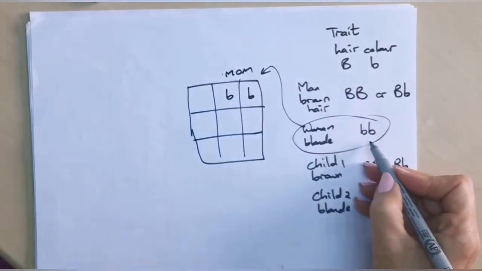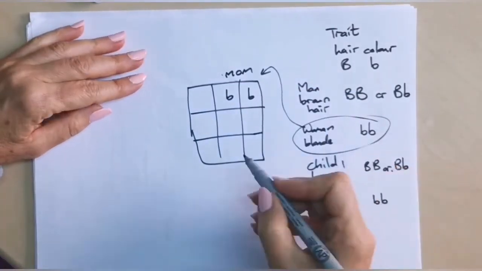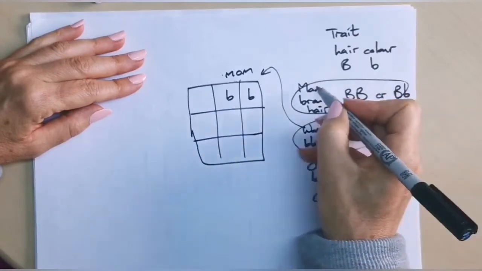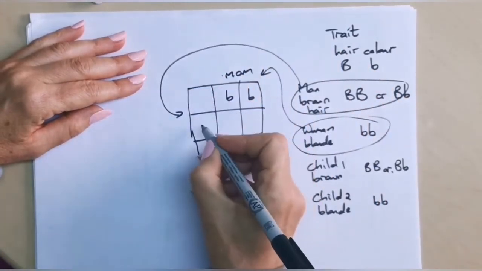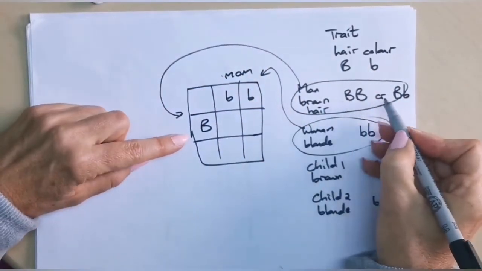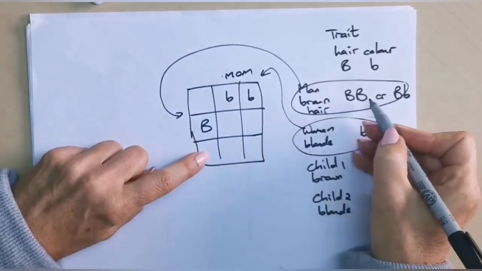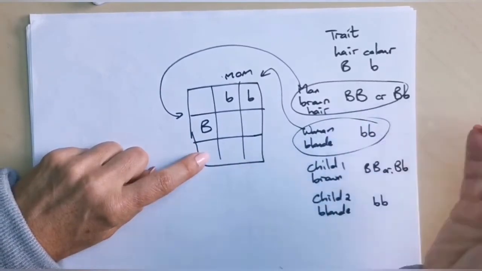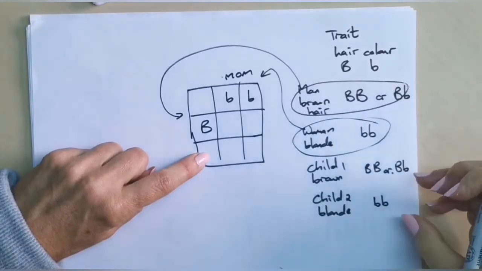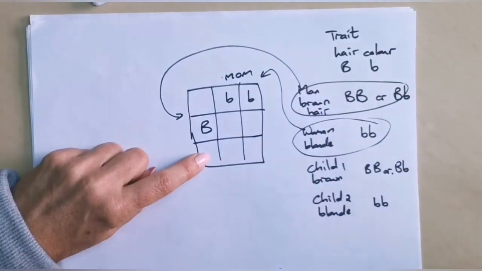Because she's blonde, there's no way that she can have a big B. However, the dad is a little bit more complicated. We know that he has at least one big B, but we don't know if the other one is also big or small. We don't know that. But that's why they gave you the kids, because that's the hint.